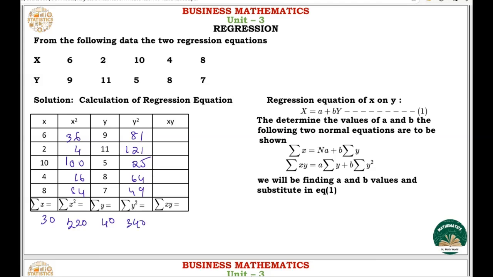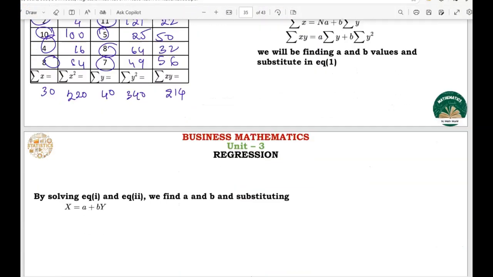Then multiplying x and y: 6 nines are 54, 11 twos are 22, 11 twos are 22, 10 fives are 50, 4 eights are 32, 8 sevens are 56. So when you add this, you get 240. So we have to substitute these values and get the answer for the given equation.